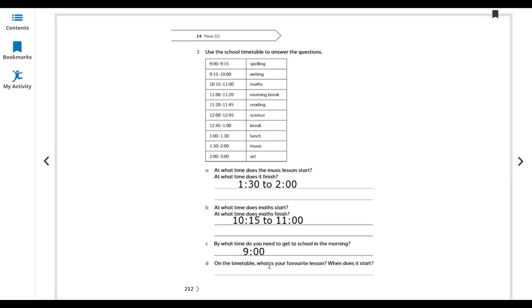On the timetable, what is your favorite lesson? When does it start? Write anything. You can say it's a break.